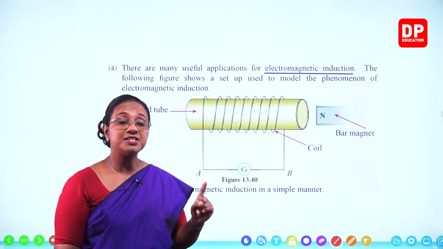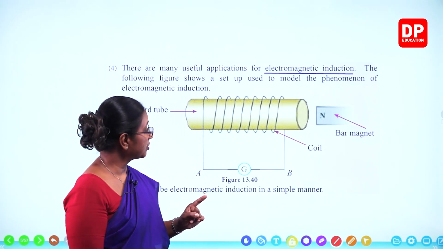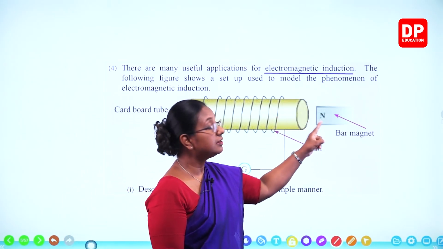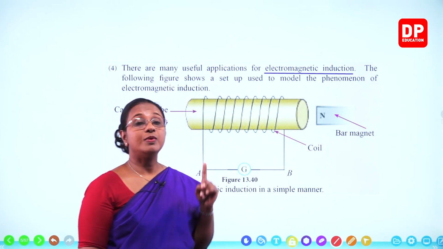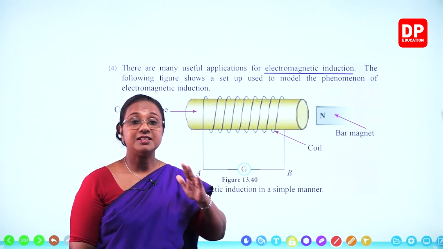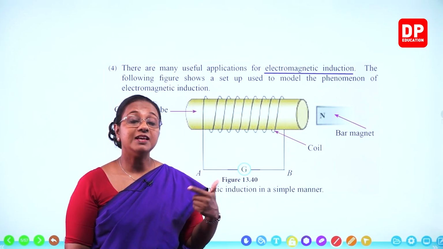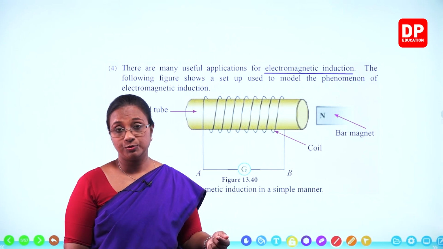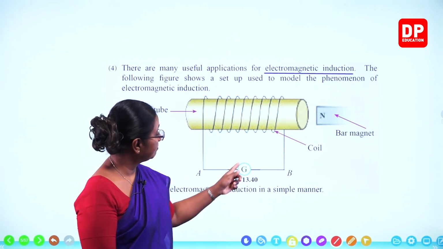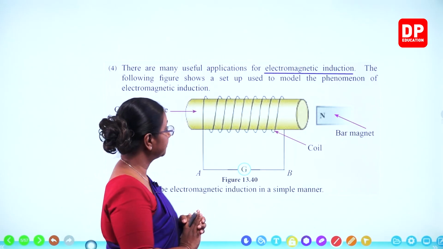That means there has been an induced current. So that was possible when the magnet moves. That is when the magnetic field lines are varied. There is a change or variation in the magnetic field lines that gives rise to an induced electromotive force, which in turn makes the current flow. So you can remember that.